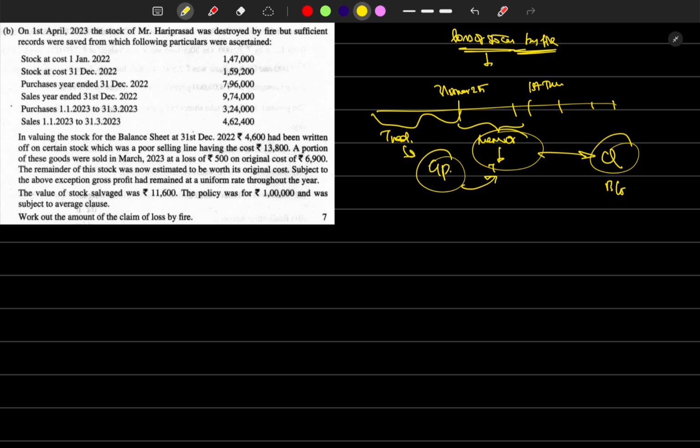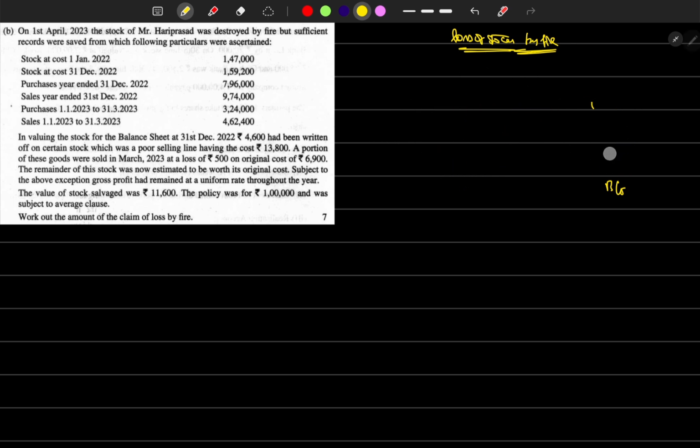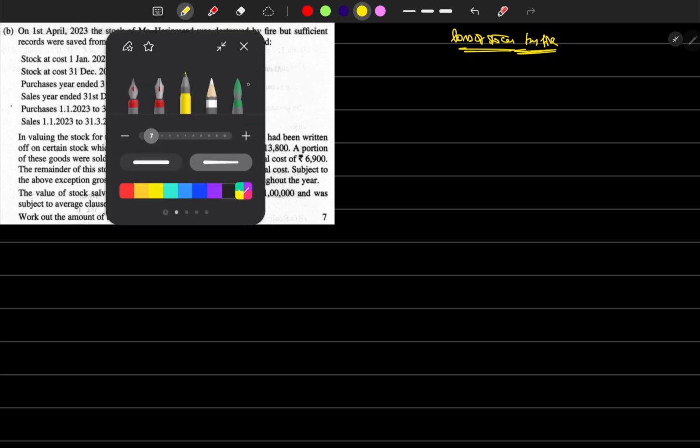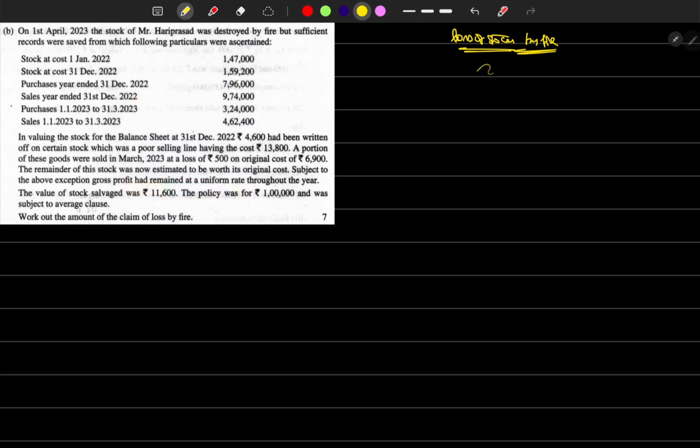So let's quickly jump into the problem. This question revolves around 4 steps. First, we need to find the trading account for the previous year.